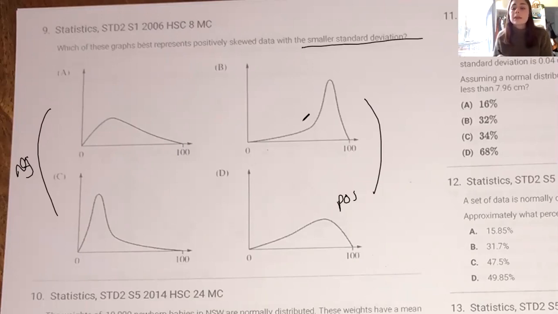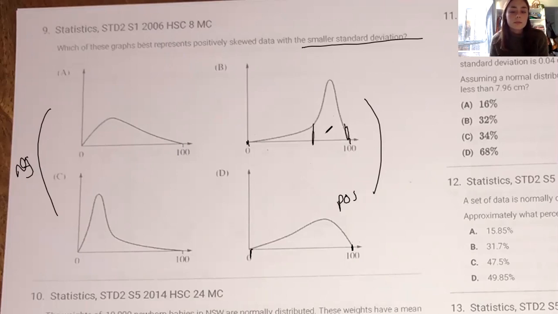And so standard deviation is the spread of data. And so if this is marks from 0 to 100, do we have like a smaller spread in B because they're all clumped in this range here?